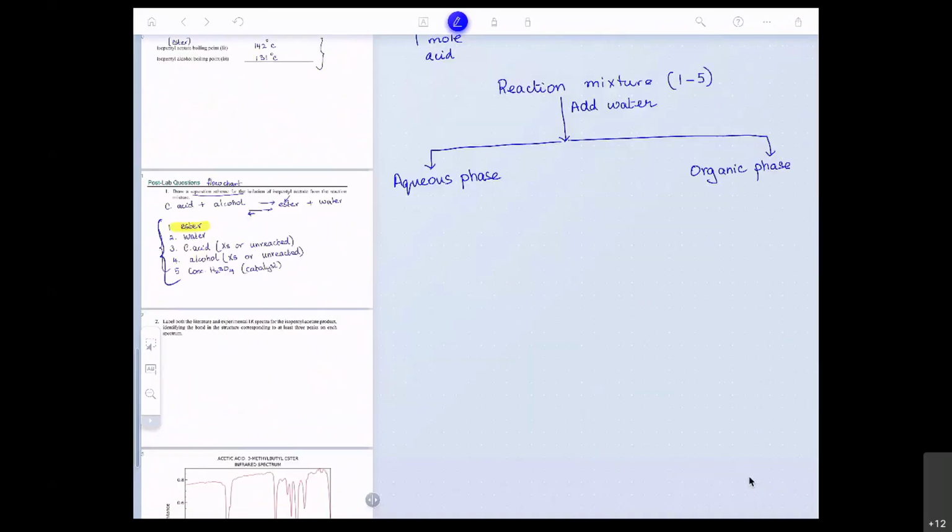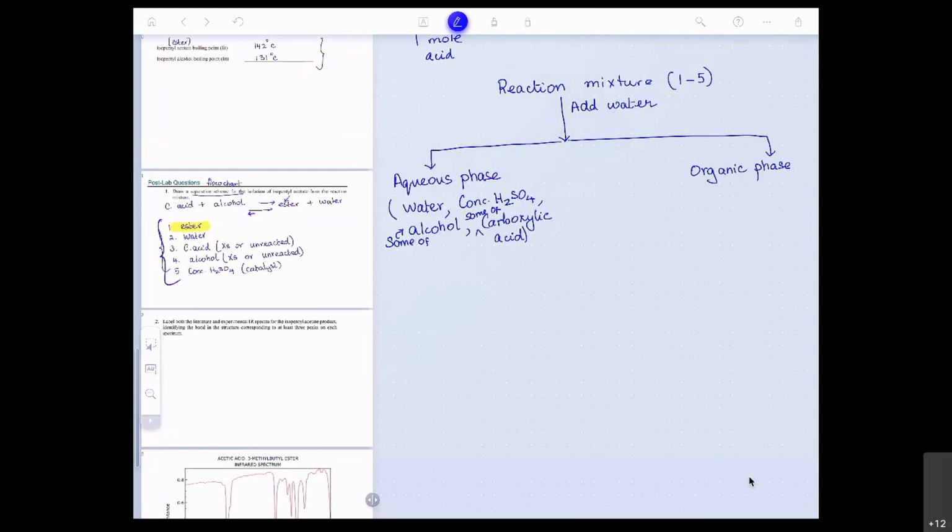But what can really dissolve is water, and your concentrated sulfuric acid can go into that, along with some of your alcohol, a very small amount, and an even smaller amount of your carboxylic acid. Your ester is not going to go into the aqueous phase. Again, keep in mind, not all the alcohol and carboxylic acid will go. How do we indicate that? Some of the alcohol and then some of the carboxylic acid.